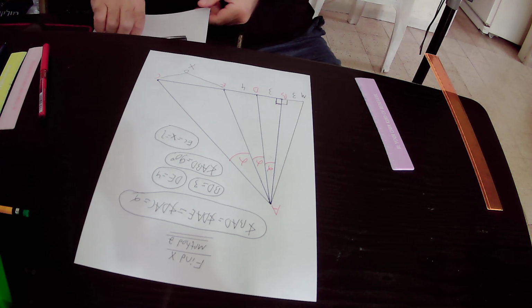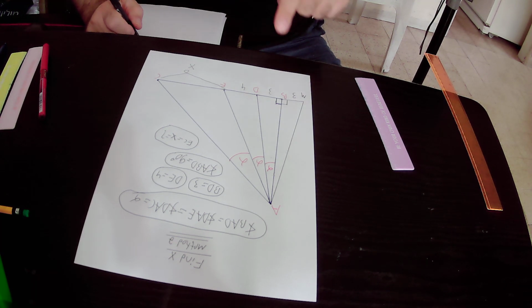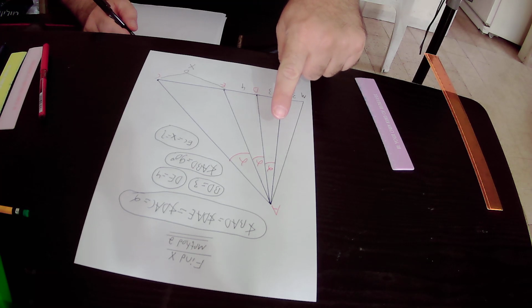That is to say, angle BAD equals angle MAB, and angle ABD equals alpha.